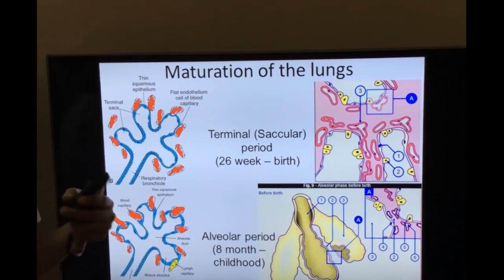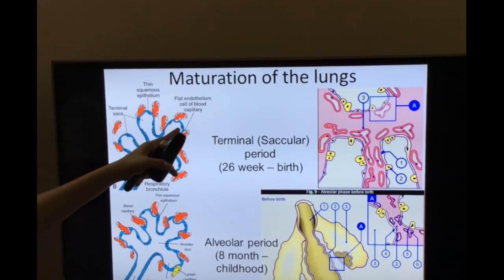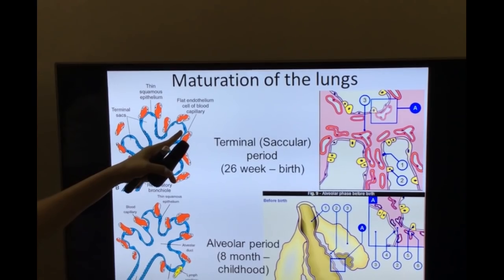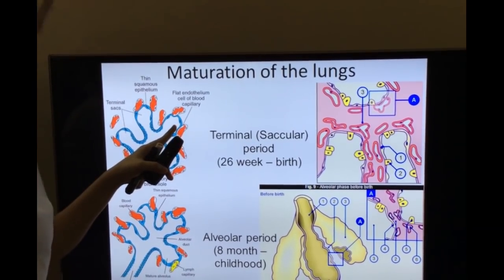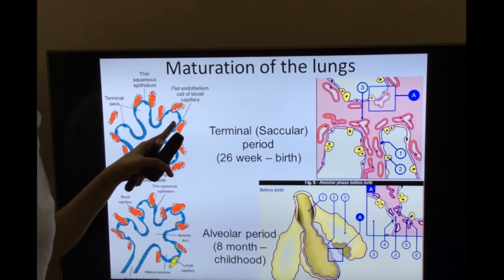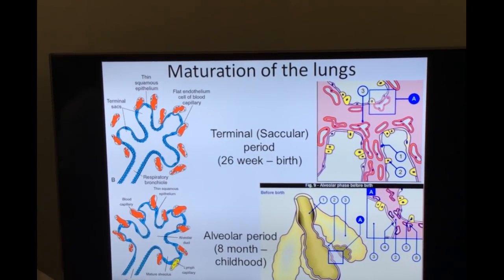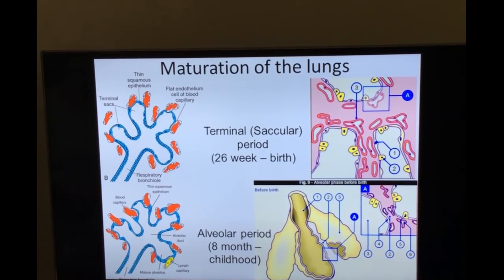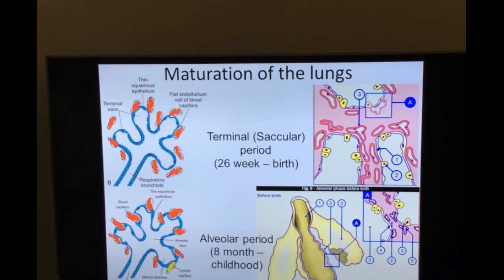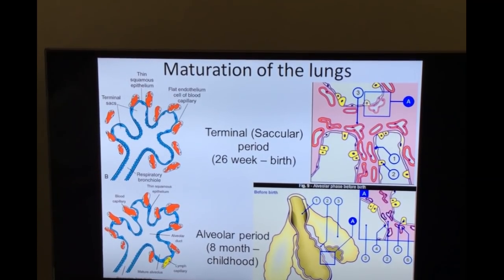So there will be difficulty in breathing, and since there is not enough production of surfactant, the surface tension will be high, and that leads to collapse of the alveoli. This condition is called respiratory distress syndrome, for which I had given a case at the beginning of the session where the baby was born at 32 weeks and had difficulty in respiration.